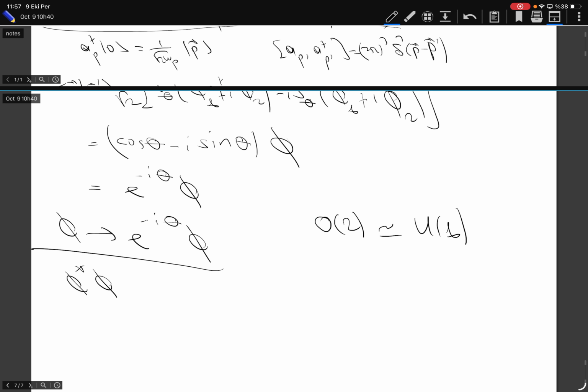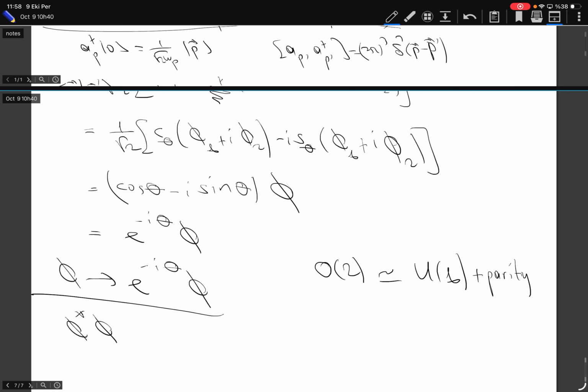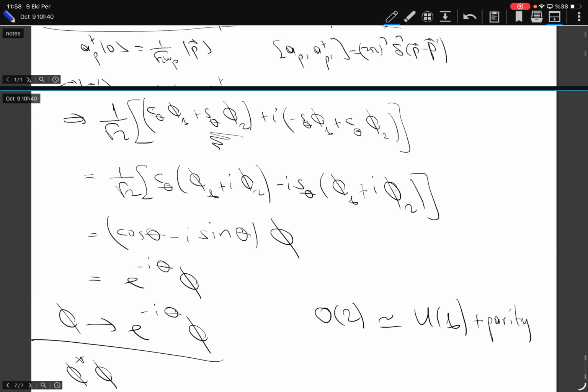Sorry, I missed that. What kind of transformation made us able to write phi times e to the minus i theta? Last time I checked, we were rotating each vector field individually. No. Look, what I did was I had these real scalar fields, not even vector fields. I rotated them into each other. I have this rotation between them.